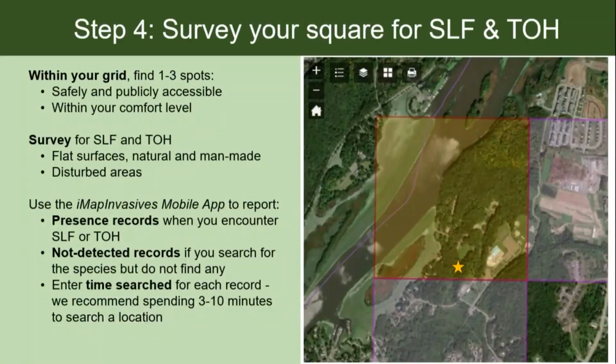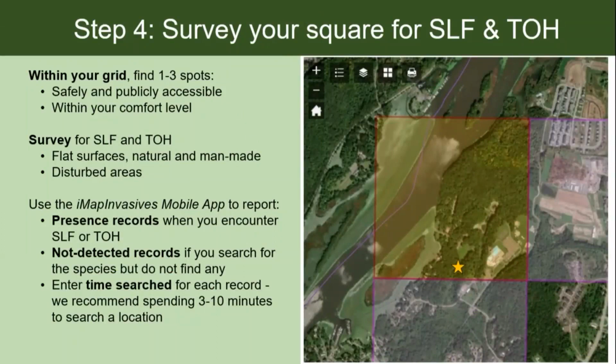And so step 4 is actually conducting those surveys. Essentially, you'll have your claimed grid square, but of course you can't cover that entire 1 kilometer square. That's a lot of space. You might not have access to all of that area. Maybe some aren't ideal for going out and surveying.